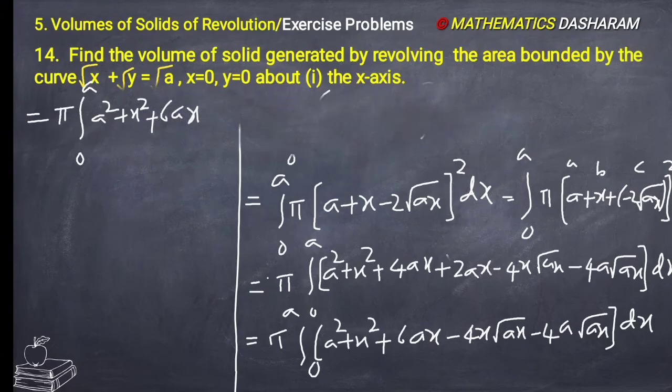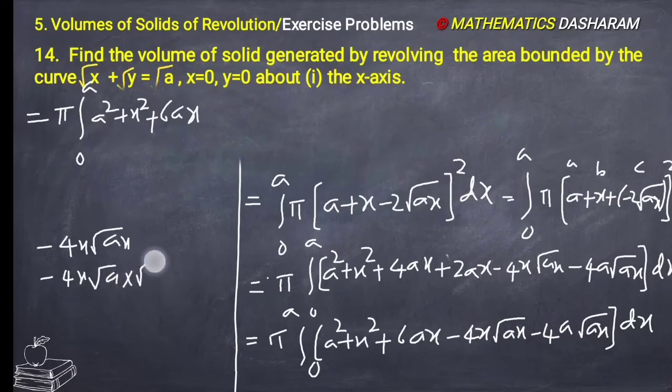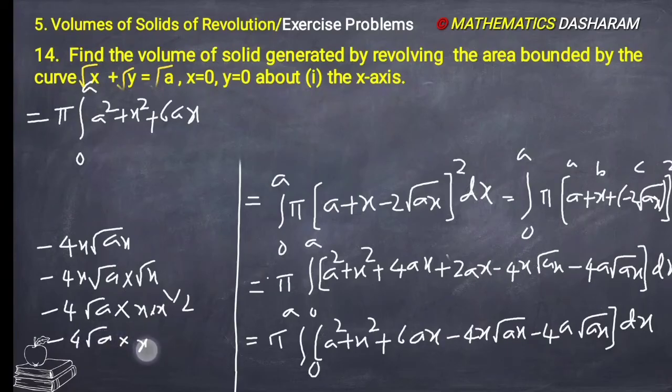Next, minus 4x into under root ax, so minus 4x into root a into root x, minus 4 into root a into x to the power of 1 by 2, so minus 4 into root a into x to the power of 1 plus 1 by 2.